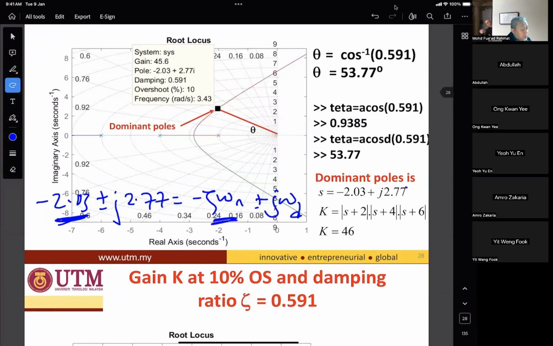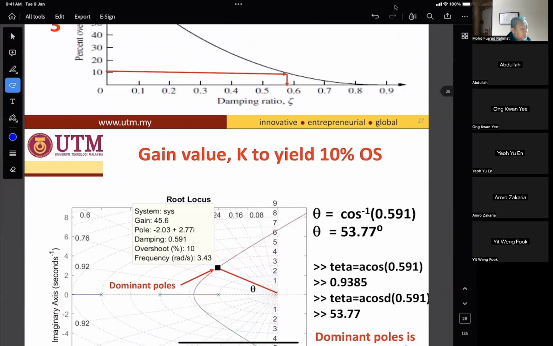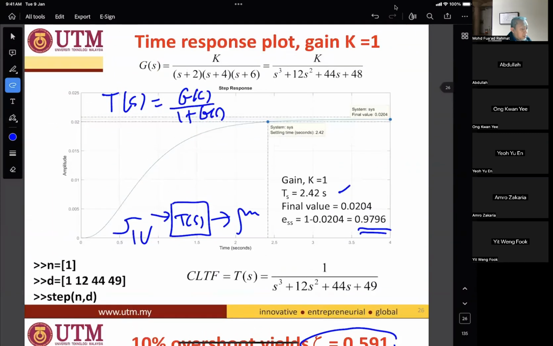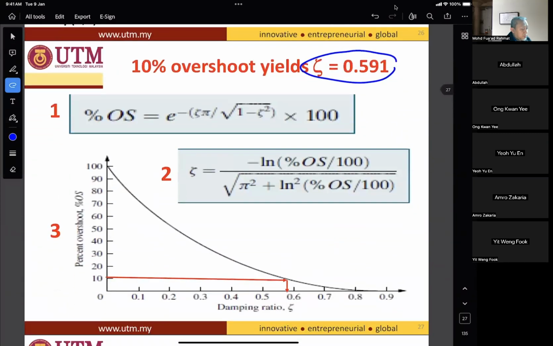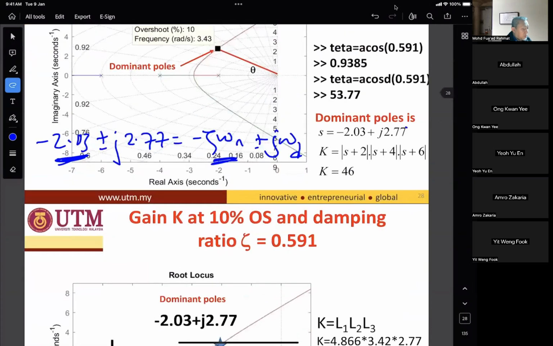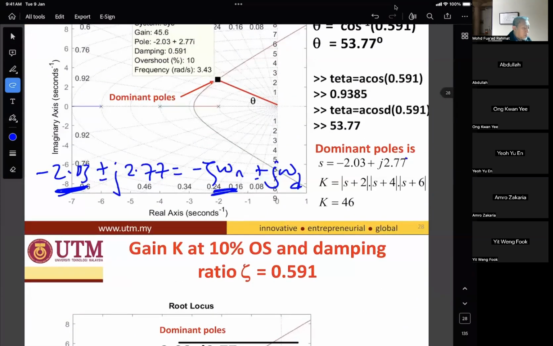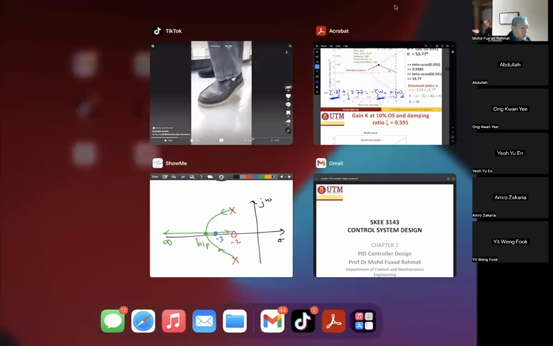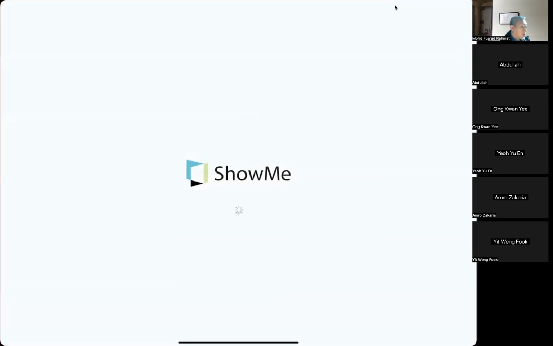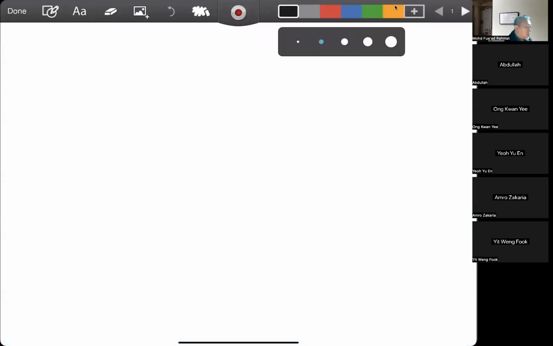Once settling time is known, the settling time is given previously, let's say as here, 2.42. So I use this.